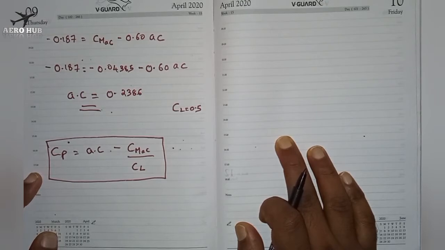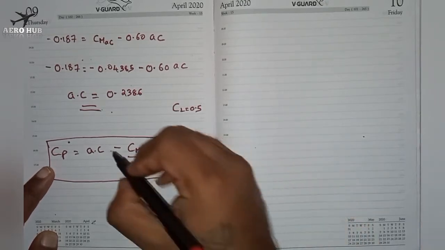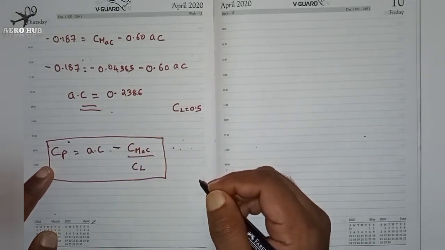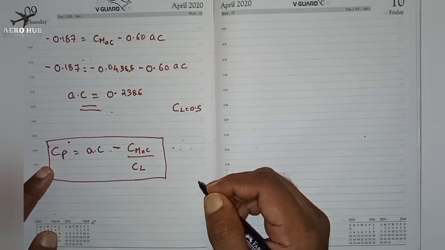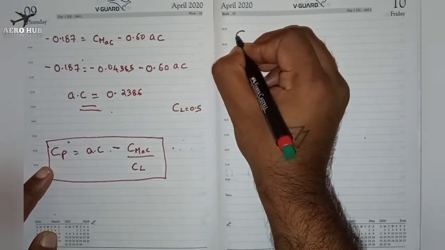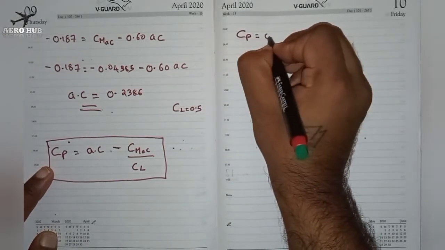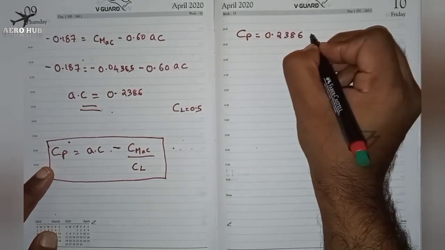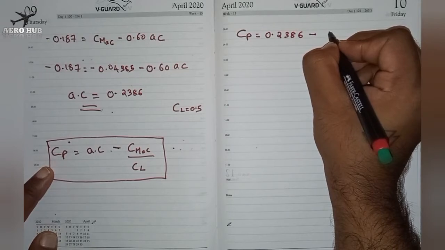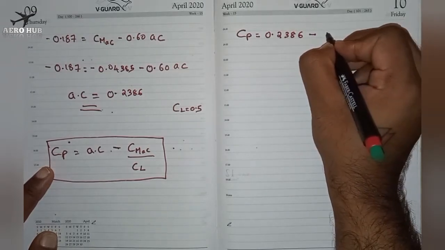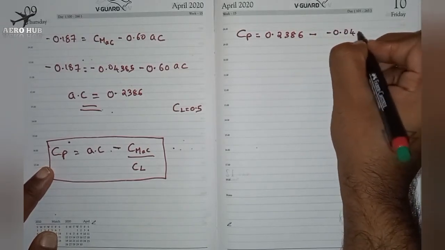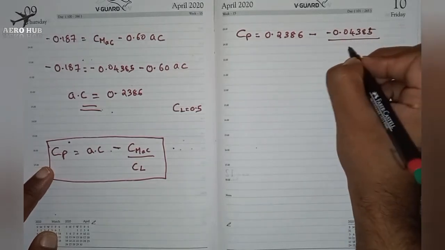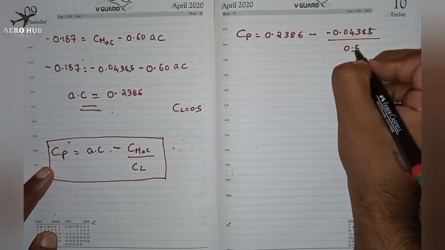So substitute the value of aerodynamic center, CMAC and CL. I will be getting CP is equal to 0.2386 minus, since CMAC is negative, minus 0.04385 divided by 0.5.